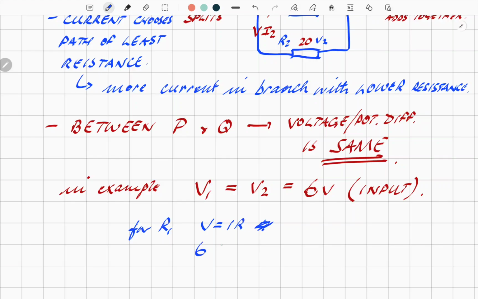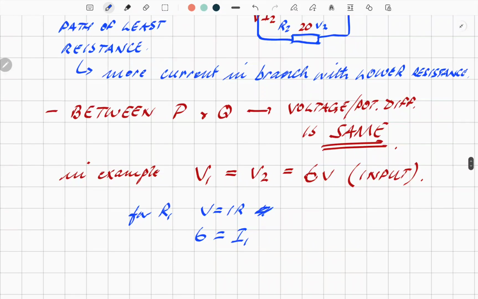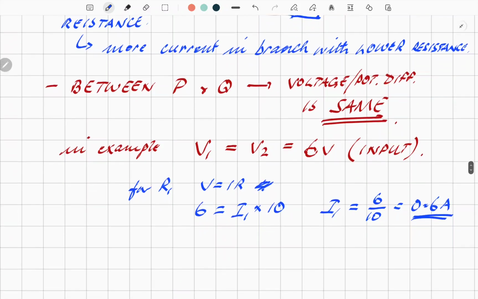So that's 6 equals the current, I1, times the resistor, which was 10. Rearranging that, I1 therefore must be 6 divided by 10, 0.6 amps.